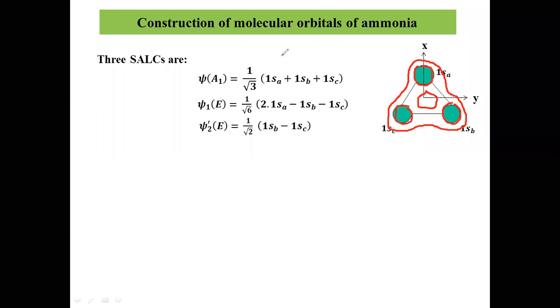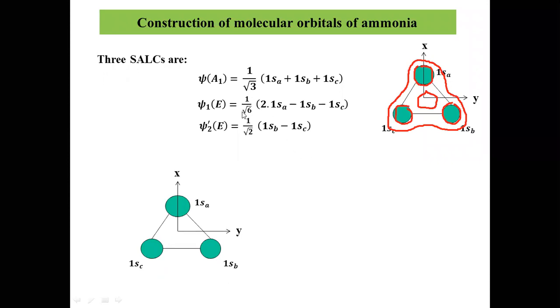Now, next one, we go for this. Look here, this is the coefficient, whatever it is. Now we have double the contribution for 1sA, so we will have more contribution when we square it: 4 times of this, and then minus of this, minus of this. These two are in the same phase, right? So for the first one I have 4 times the density, so I'm making it bigger.